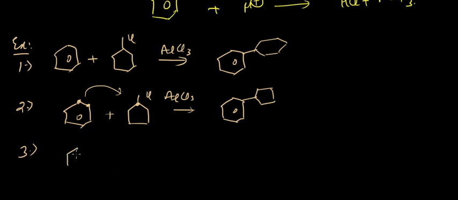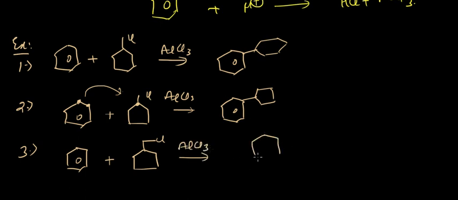What happens in this case? We have something like this, in the presence of AlCl3. So let us see what actually happens in the first step. In the first step, R plus is formed, so the plus charge is there on this carbon. As a result, we can have ring expansion.